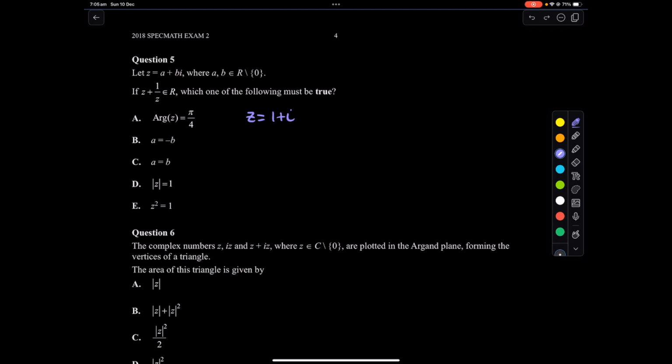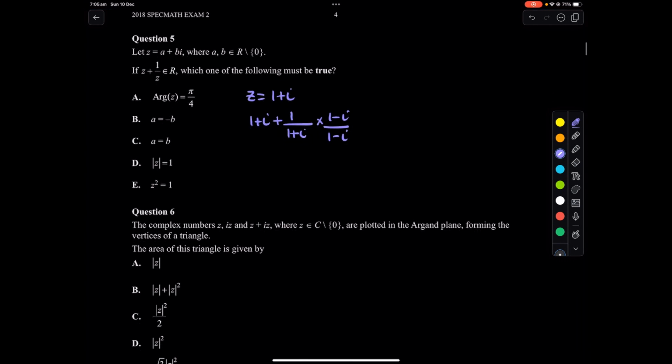So if I put it into this, it will be 1 plus i plus 1 over 1 plus i. Multiplying by 1 minus i to rationalize it, we get 1 plus i plus 1 minus i divided by 1 plus 1, since negative i squared gives 1, which is 2.